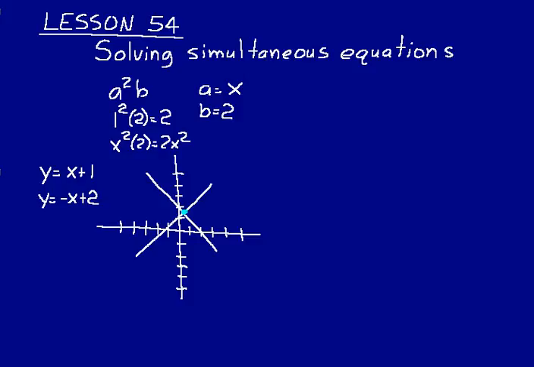There's one and only one position where they intersect, and it happens to be at 1/2, comma 3/2, or 1.5. So we go to the right 1/2 and up 1.5, and that's that intersection position. Now that's what we'll be doing when we solve simultaneous equations.